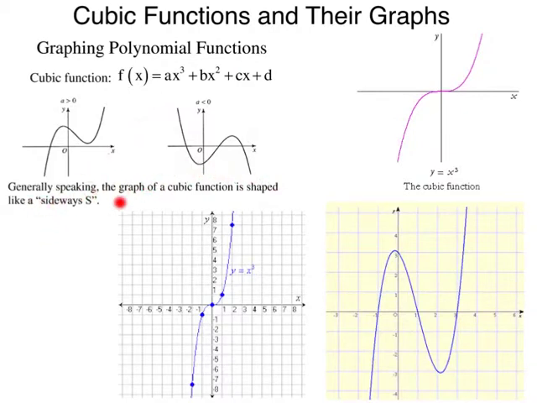And generally speaking, the graph of a cubic function is shaped kind of like a sideways S. Or in this case, it kind of looks like a wave frequency, as we've studied in science. Alright, so these are just different graphs of what a cubic function could look like. Most of them in your book right now are just going to look like this, okay?